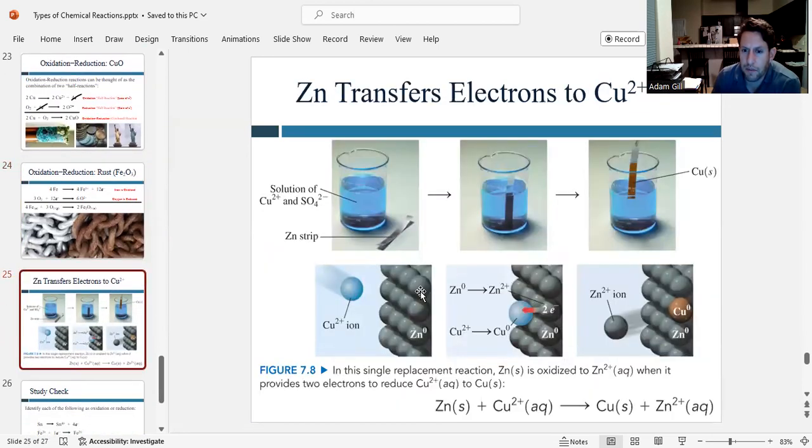Here's another example. If you have a solution of copper sulfate and you dip a strip of zinc metal in there, the zinc solid metal will start to dissolve as zinc 2+ ions, and the copper 2+ that's dissolved in solution will start to precipitate out as elemental copper.